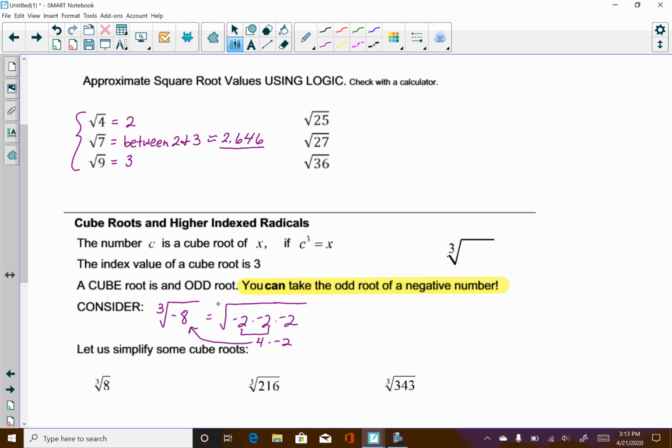So you're asking yourself, okay, well, what can you multiply times itself 3 times to get -8? Oh, I can multiply -2 times itself 3 times to get -8. So therefore, the cube root of -8 is -2. Again, you can take the odd root of a negative number. You can't take the even root of a negative number.